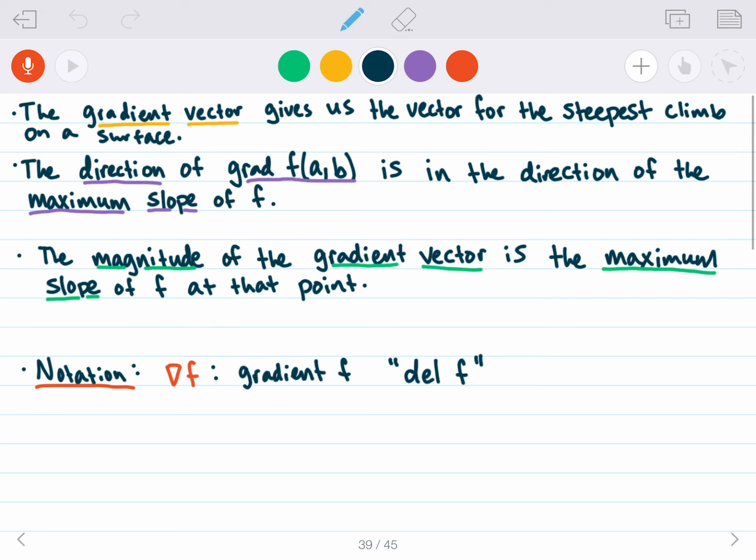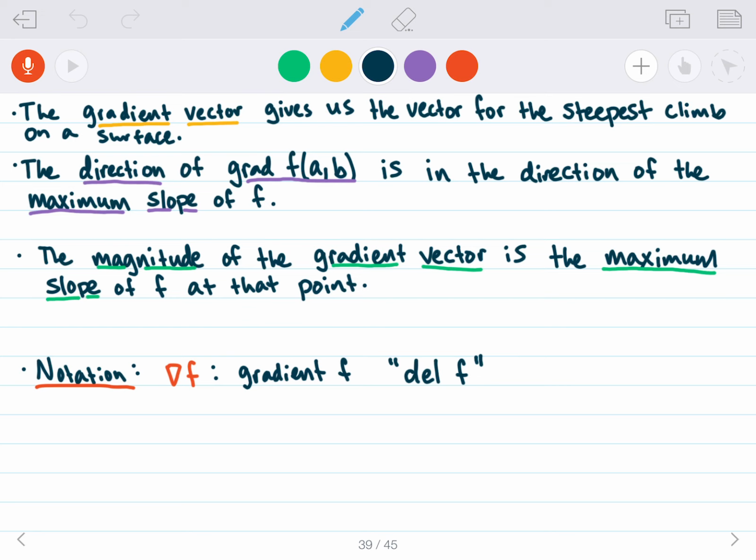So what does the gradient actually do? The gradient vector is super useful because it's going to give us the vector for the steepest climb on a surface, okay? It's going to tell us where the surface is the steepest, and that can be useful for a variety of different reasons. The direction of the gradient is in the direction of the maximum slope of f.